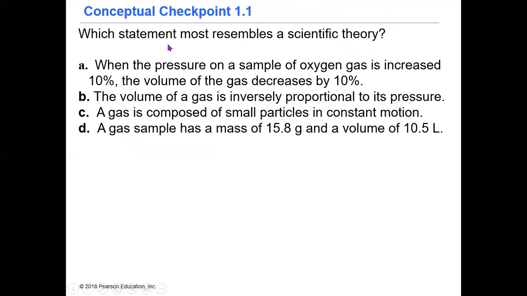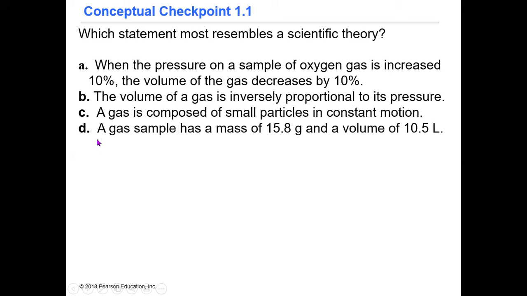Which statement most resembles a scientific theory? A: when the pressure on a sample of oxygen gas is increased 10%, the volume of the gas decreases by 10%. B: the volume of a gas is inversely proportional to its pressure. C: a gas is composed of small particles in constant motion.